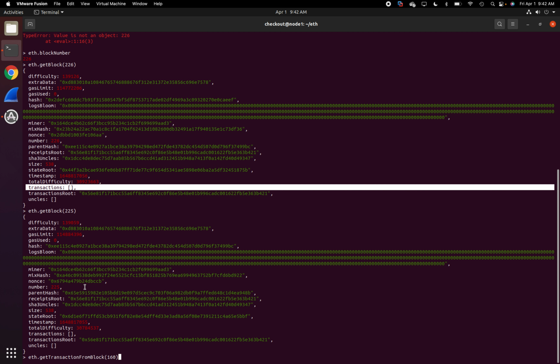So I know that my transaction is contained in block number 160, and that's just when I started the mining, it was the first block that was confirmed, and that was the queued up transaction. So that was in that first block. So since I know it's block 160, we can do eth.getBlock 160.